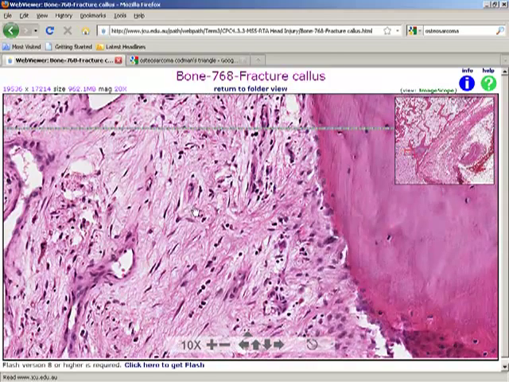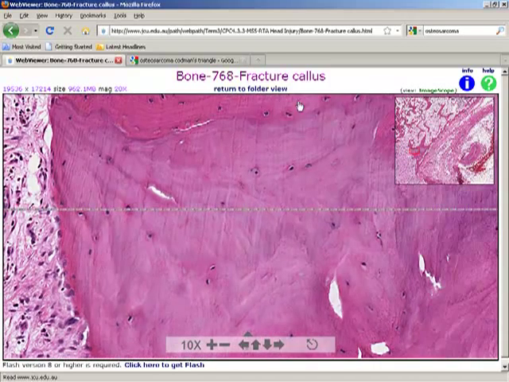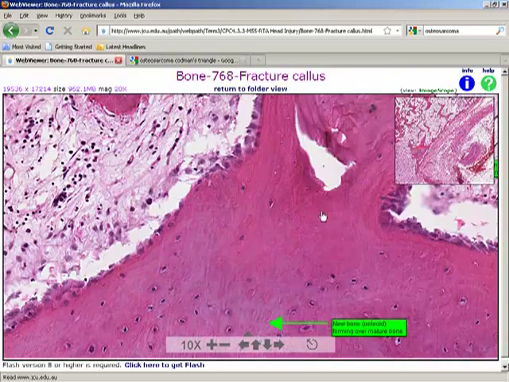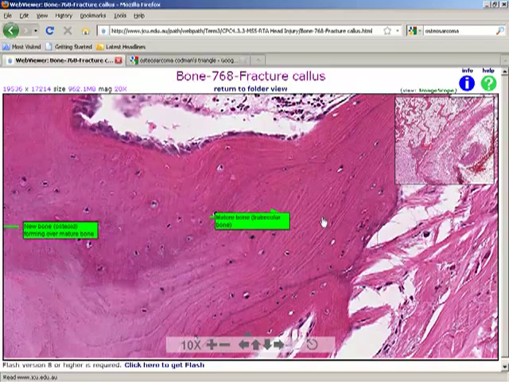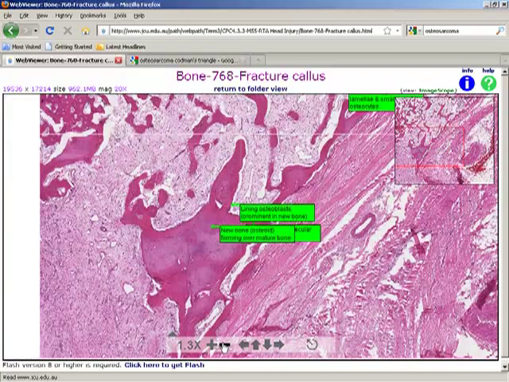Okay. So granulation tissue, osteoblasts, woven bone, and here is the mature bone. So fracture, you will see granulation tissue, hemorrhage, inflammatory cells, and woven bone.